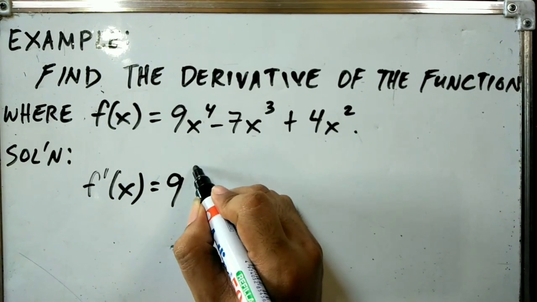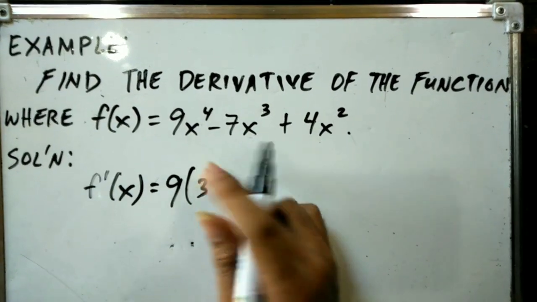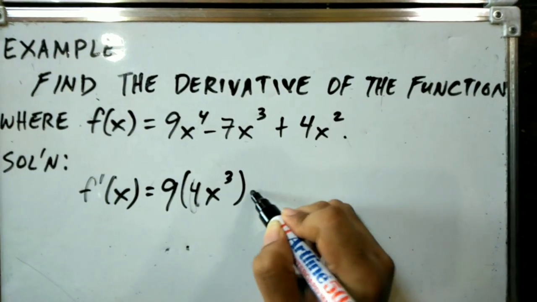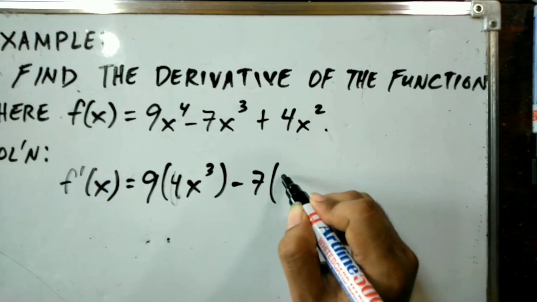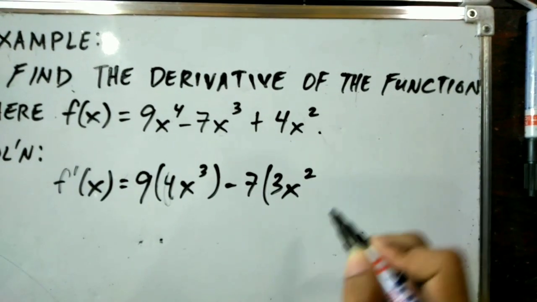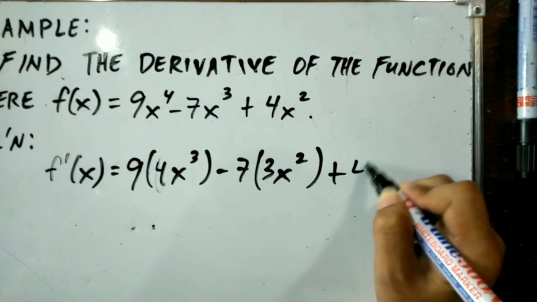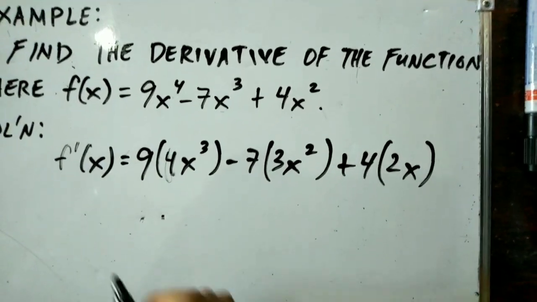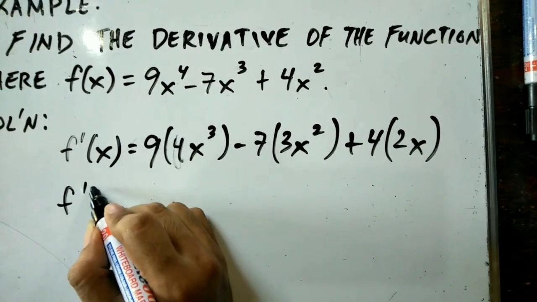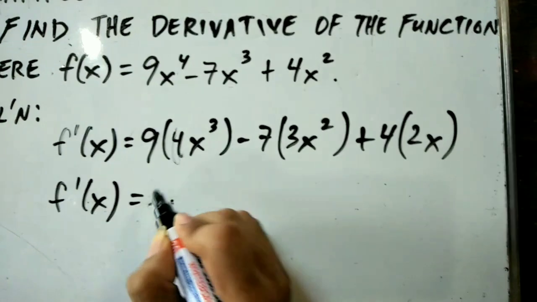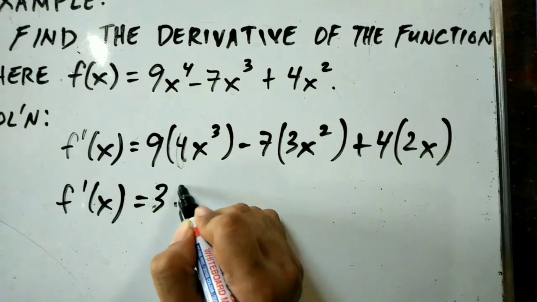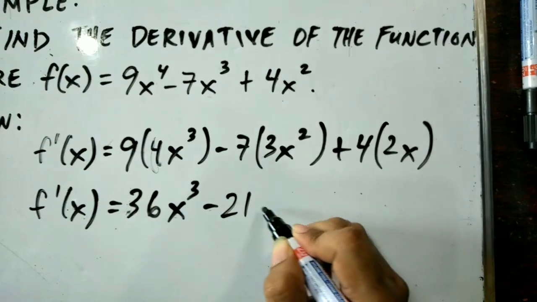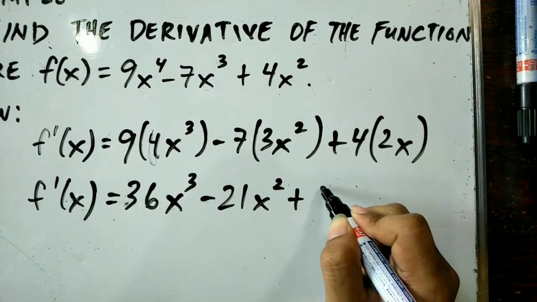Okay, 9 times 4 x cubed minus 7 times 3x squared plus 4 times 2x. Okay. So we have the final answer. 9 times 4x cubed, that is 36x cubed minus 21x squared plus 8x.